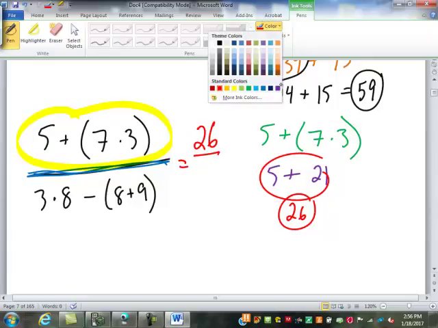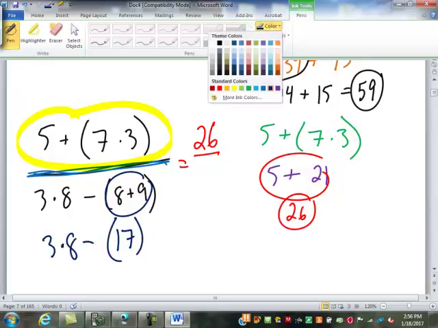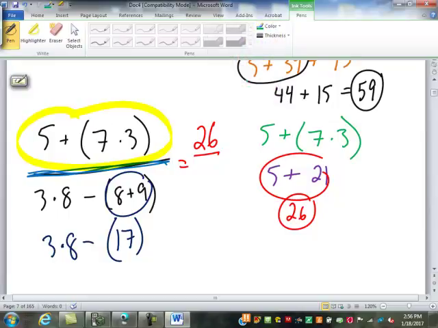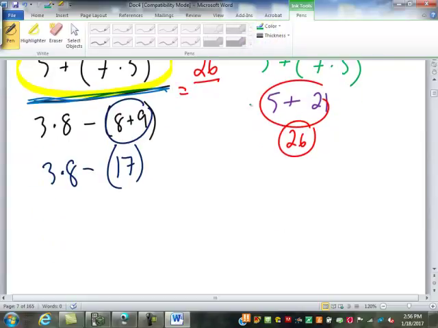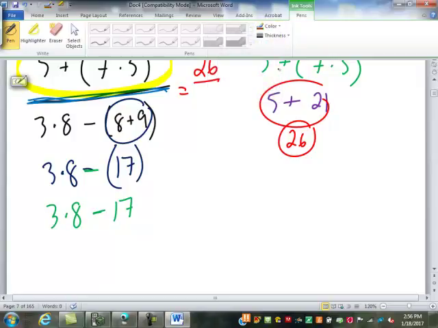On bottom, what do we have to do first? We have the parentheses. 8 plus 9 is 17. Now we can remove the parentheses. Do we have to put multiplication in? No, because there's already subtraction there. There's already an operation there. Good. What's next? 3 times 8 is 24.